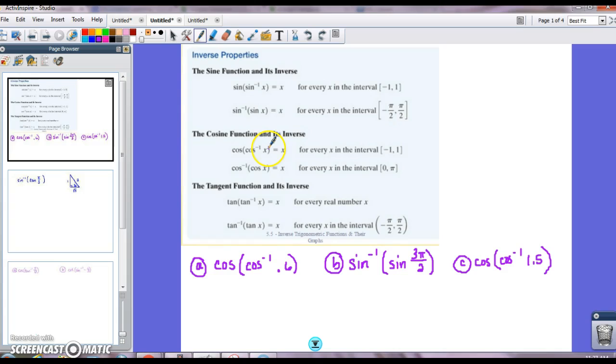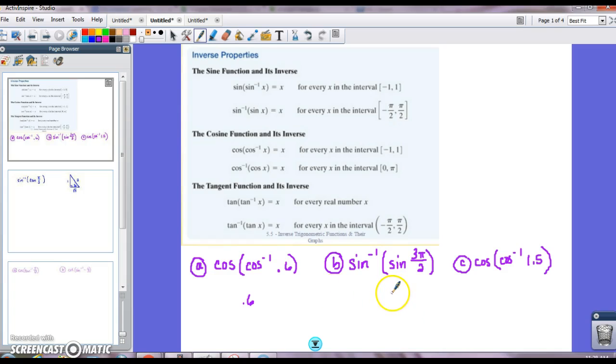And it says that your answer here is x, and you get x as long as your x value is in the interval of -1 to 1. So in this first example, 0.6 does fall between -1 and 1. So your answer very simply to this problem is just 0.6. Because it falls in that interval, you just get back whatever the x value was.